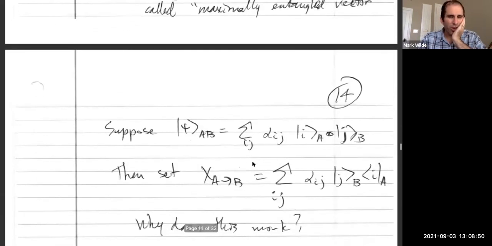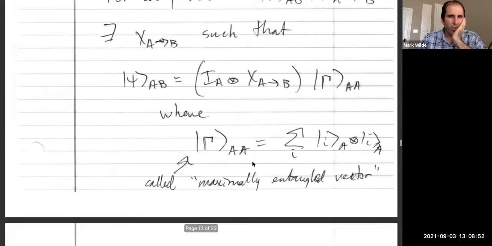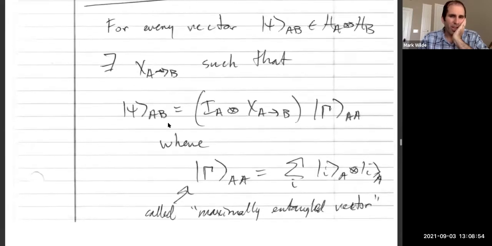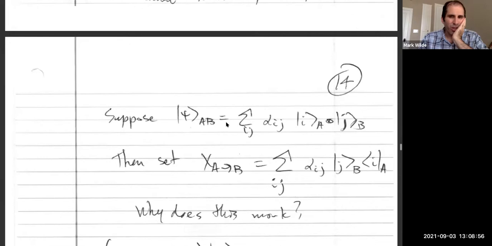So how does this work? Let's prove this statement. We'll let psi, we'll expand it with respect to this orthonormal basis. Remember we said for a tensor product Hilbert space, an orthonormal basis consists of the tensor product of the individual states from the orthonormal bases. So you expand this vector with respect to this basis, and then you get these coefficients that are doubly indexed.